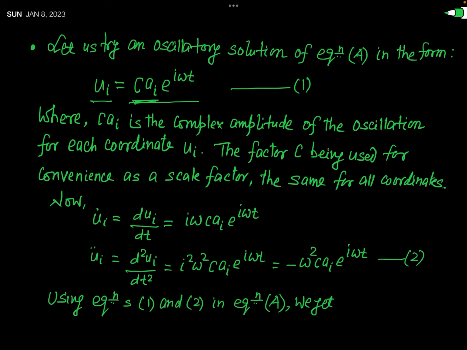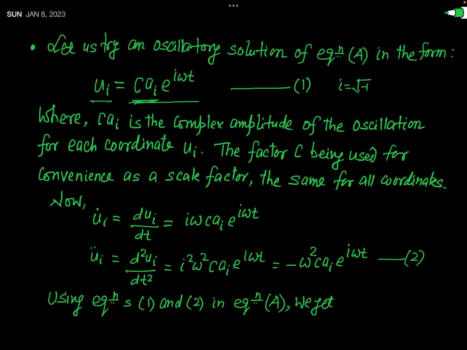The i in the exponent of e stands for the square root of minus 1, that is, iota. The subscript i is for a number, that is 1, 2, 3, 4 and so on. So don't confuse these two i's: as an exponent of the exponential factor it is imaginary, and as a subscript it represents a number.